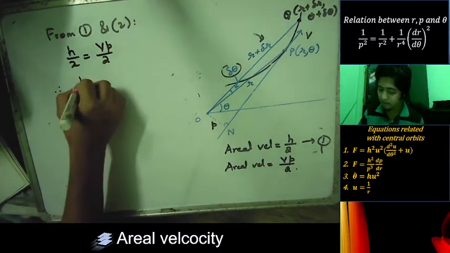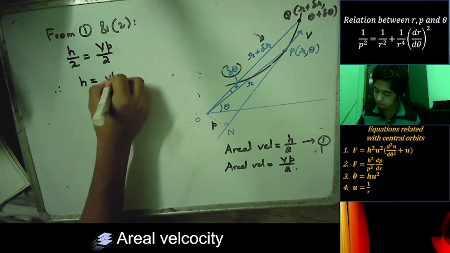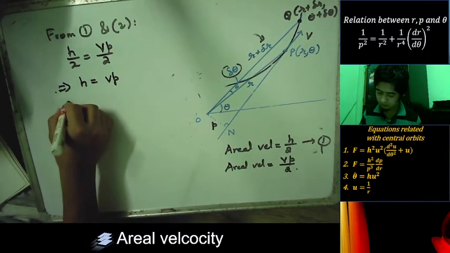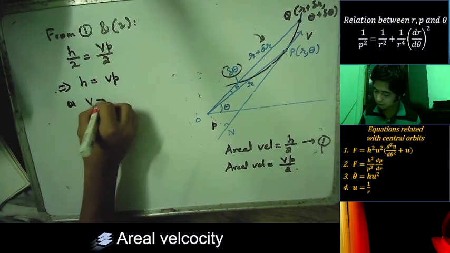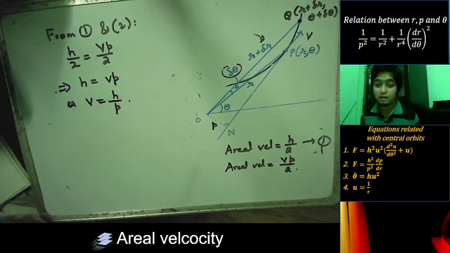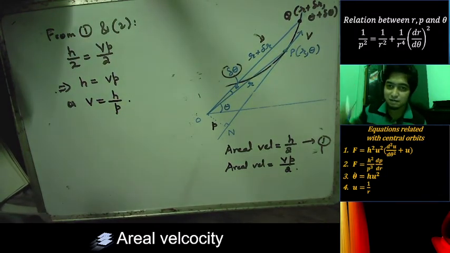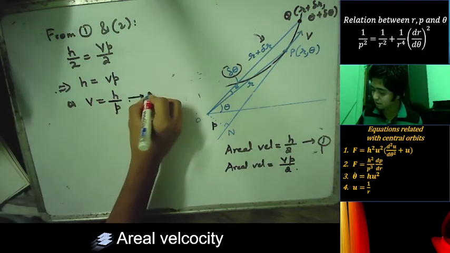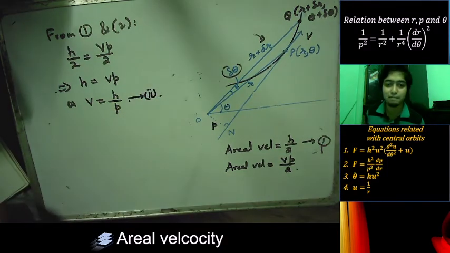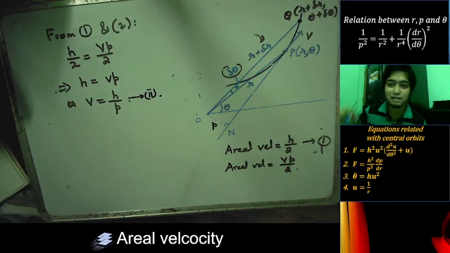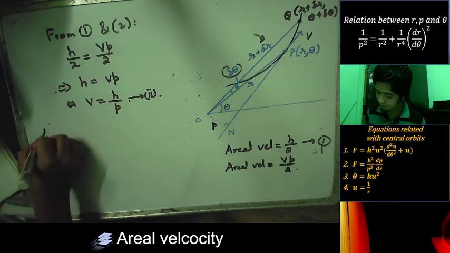Therefore h equal Vp, or V equal h by p. To get the next relation, number 3, which is equation 2 that we want to find, we will just be substituting everything in the equation above.